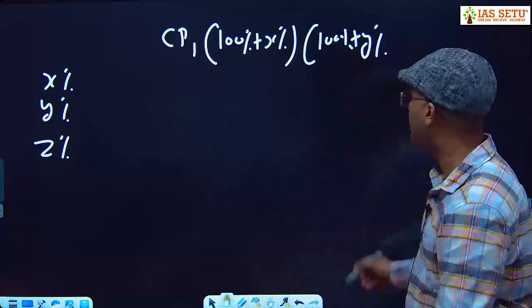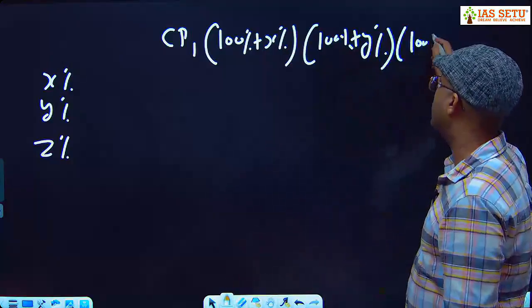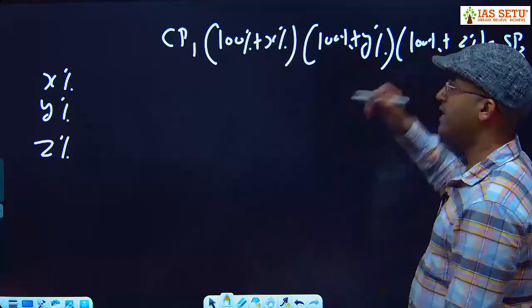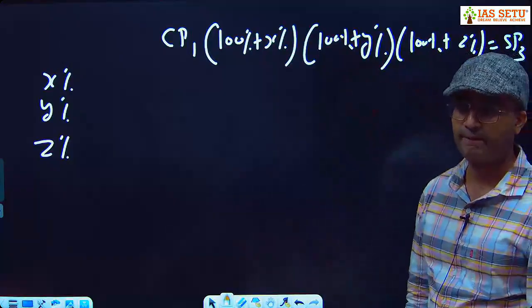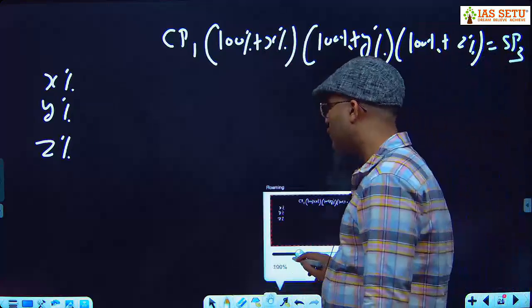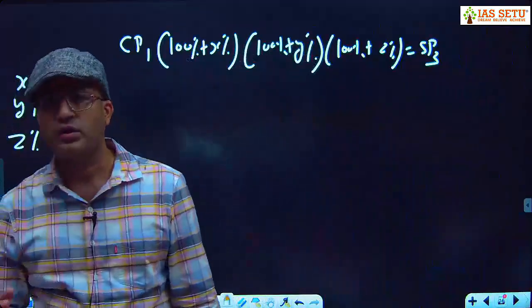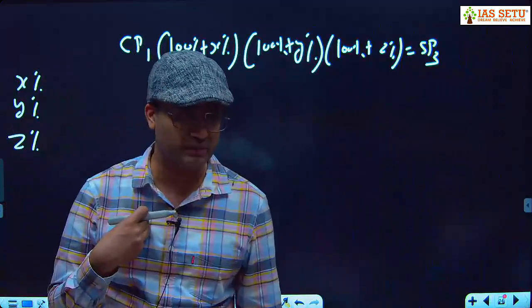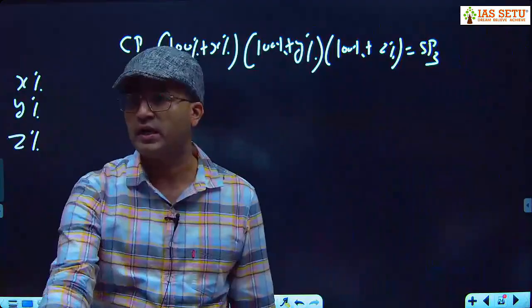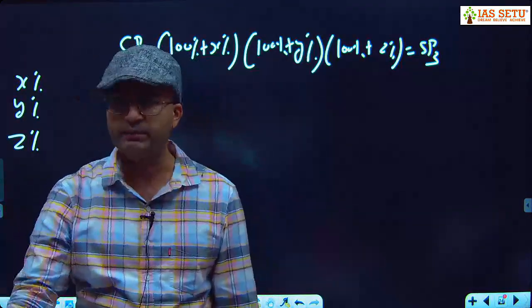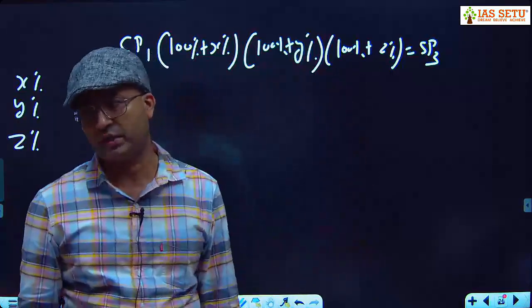For the third profit also, 100% plus Z%. Then it is equal to SP3. I repeat, what we do in chain rule, we start with CP1. You add profit of the first in 100%, multiply with cost price. Add profit of the second in 100%, multiply. Profit of the third, multiply. You get SP3 directly.